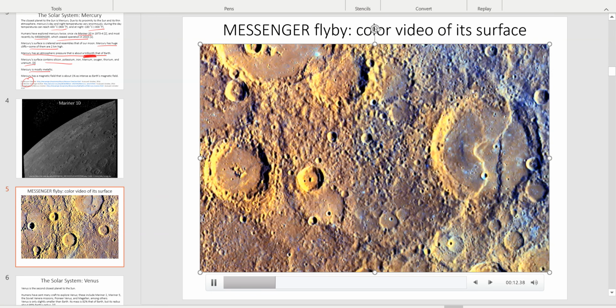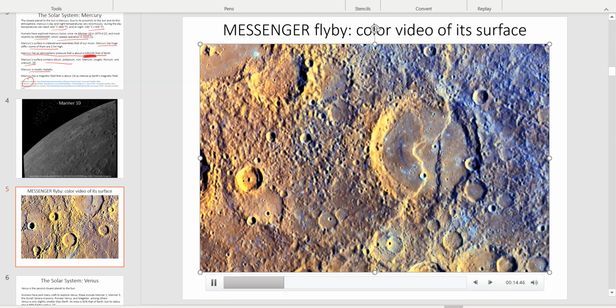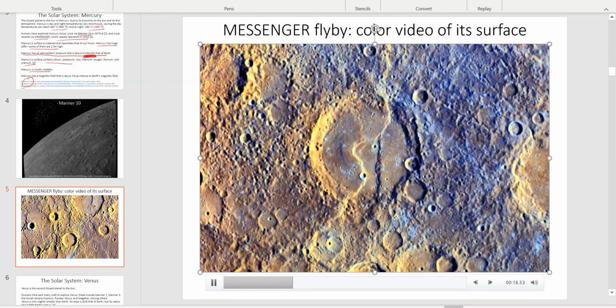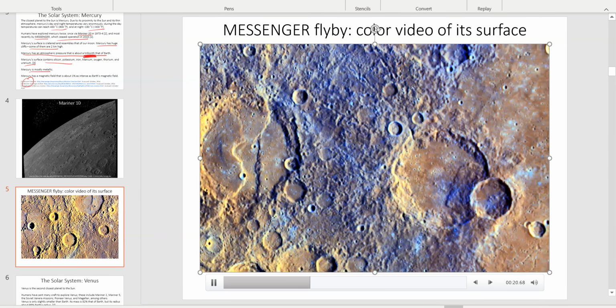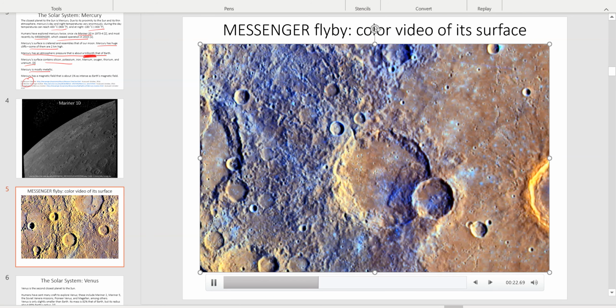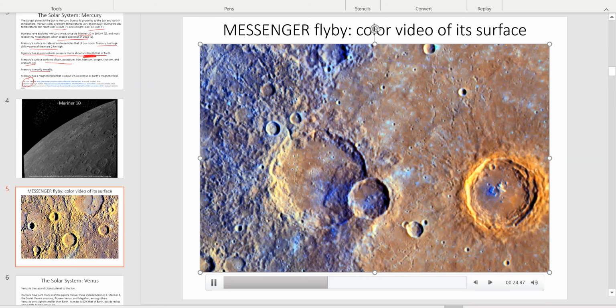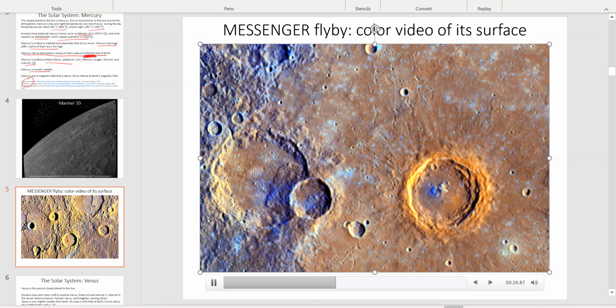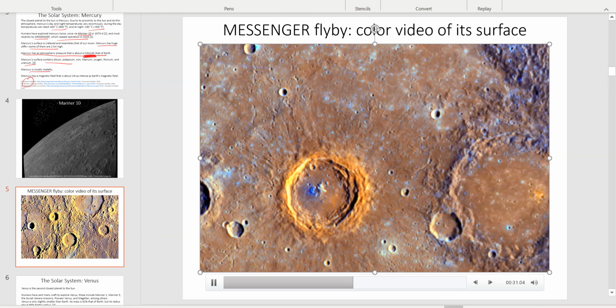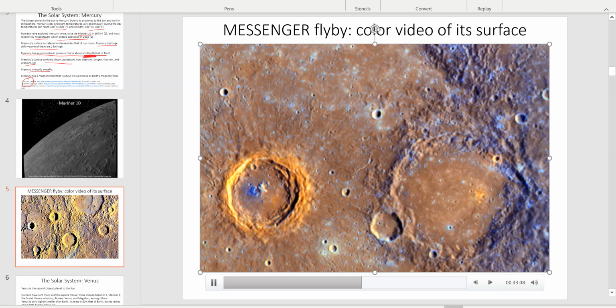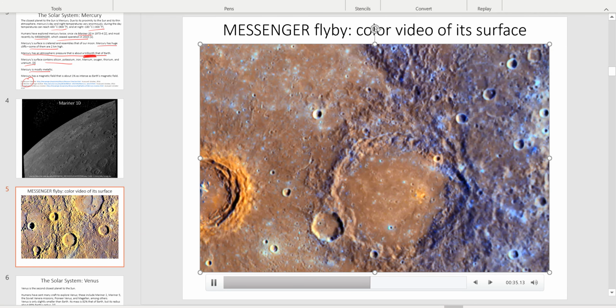I do want to point out that this video has been color-coded to represent different materials on the surface of Mercury. And therefore the surface of Mercury does not have these wonderful blue, reddish colors as depicted here. But otherwise, this is a real video of the surface of Mercury.